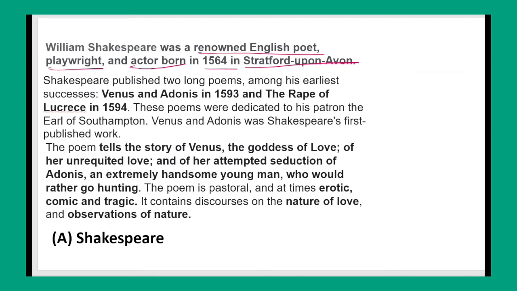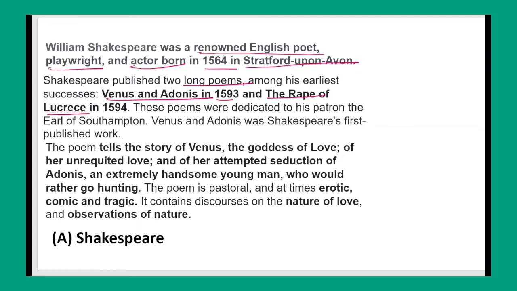That we should know. Shakespeare published 2 long narrative poems. One is Venus and Adonis, which was published in 1593, and another is The Rape of Lucrece, which was published in 1594.